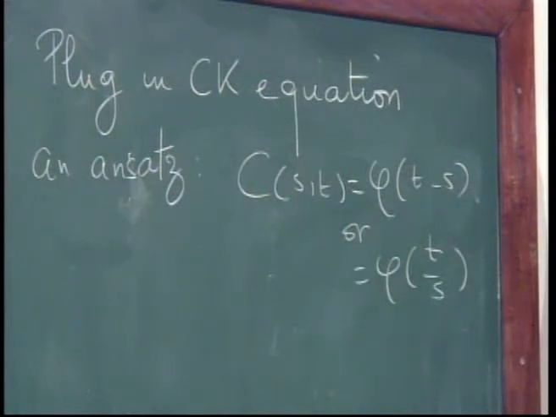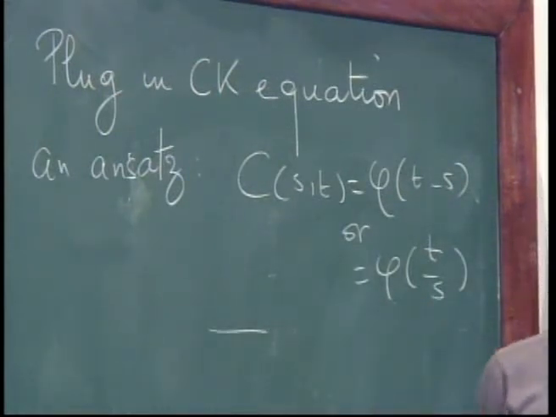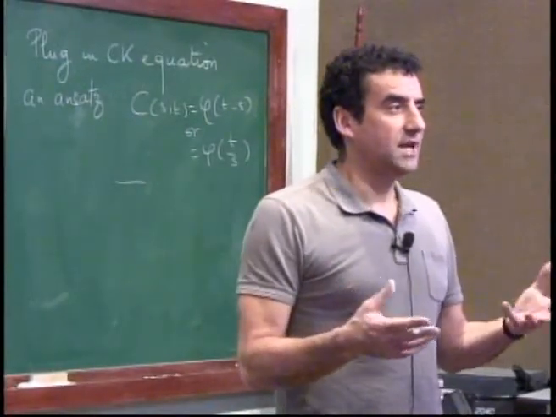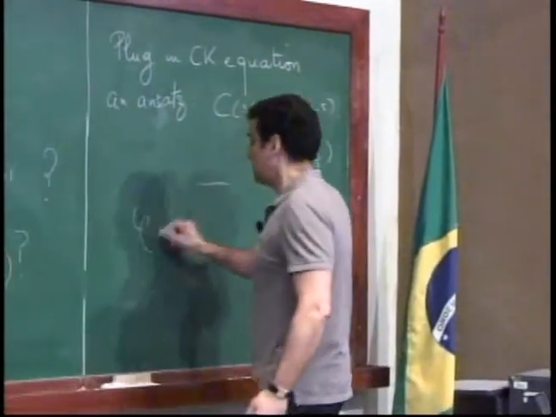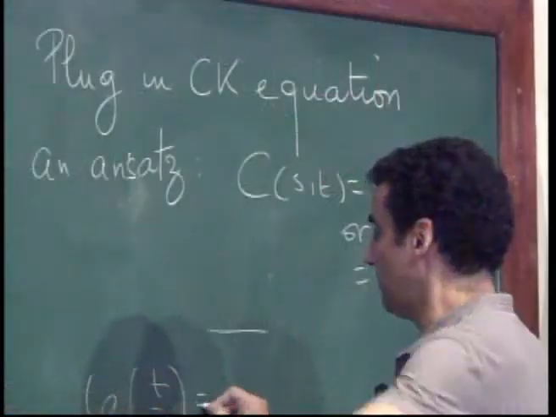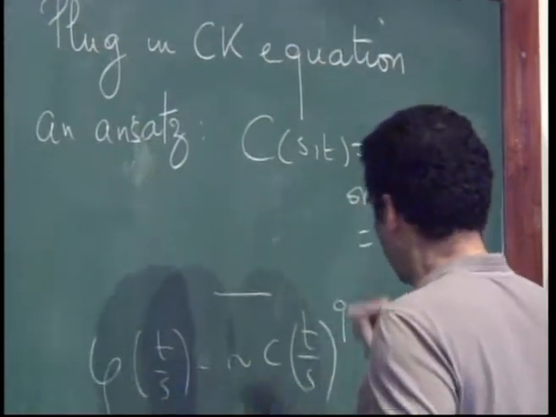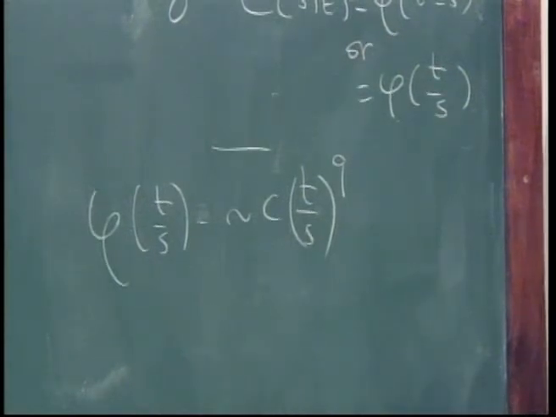Right? So when you do that, you find equations for phi, and same thing for the two-time function chi, from which you can predict aging. You can see that a function like phi of t over s behaves like t over s to some power, of course not the same q, is compatible with the equation.